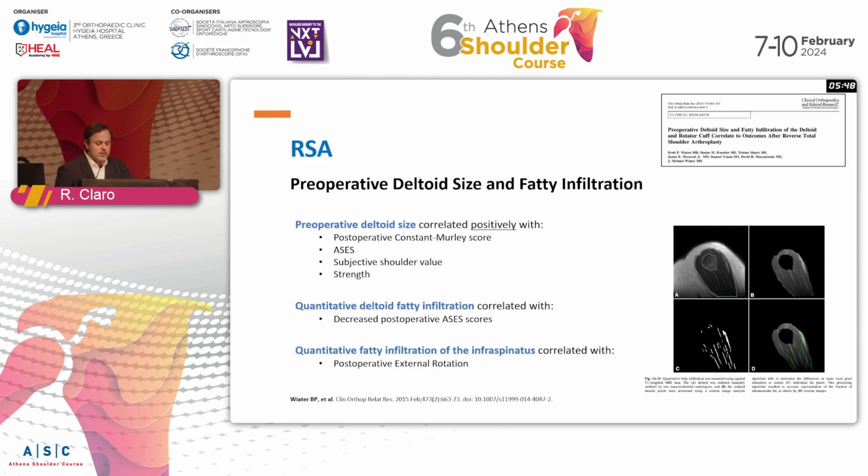This paper shows that preoperative deltoid size is positively correlated with postoperative Constant score, ASES score, subjective shoulder value, and strength. Also, quantitative deltoid fatty infiltration is correlated with decreased postoperative ASES scores. And quantitative fatty infiltration of the infraspinatus is correlated with less postoperative external rotation.